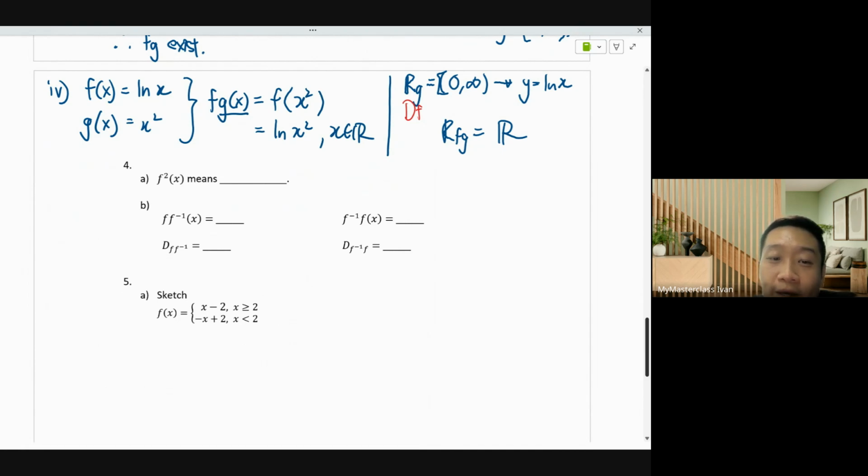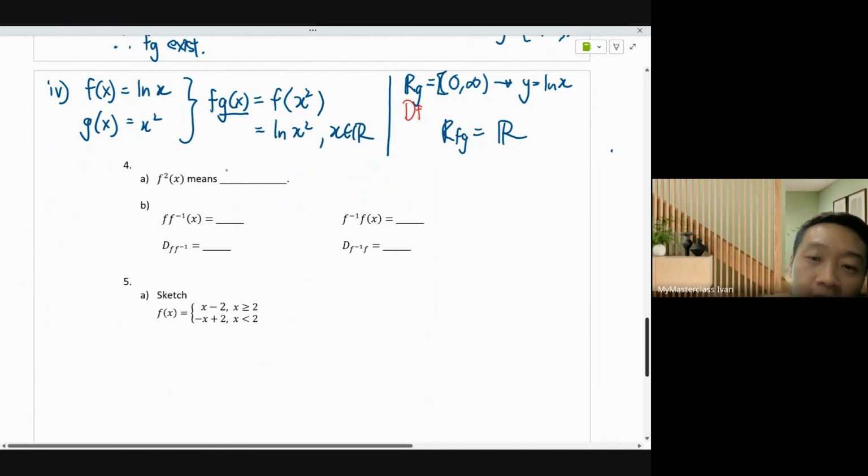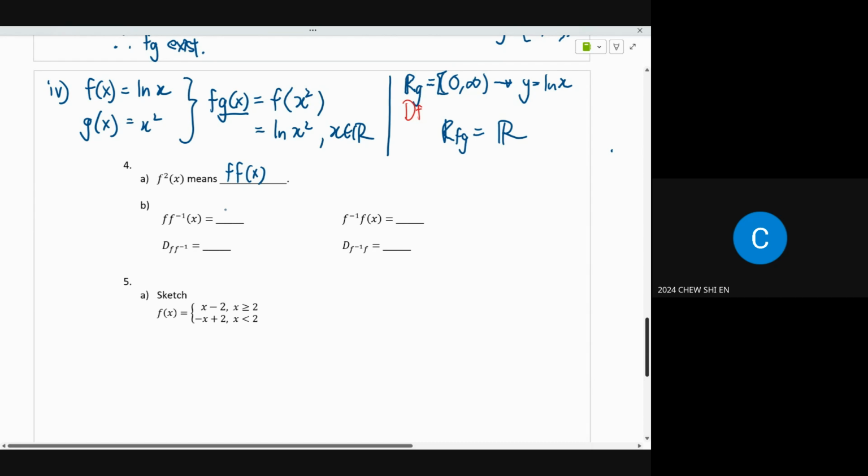Josh, f square x means it's a composite function f of fx. Okay, when you see f inverse x, it just means... Is it fx?